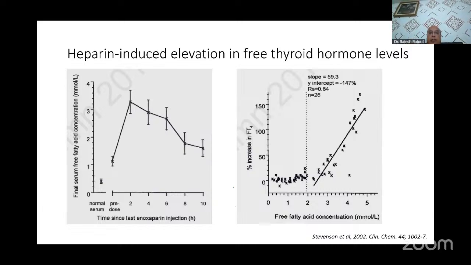Whether you are using regular heparin or ultra fractionated heparin, remember, heparin causes activation of lipoprotein lipase. By doing so, it causes release of free fatty acid from adipose tissue. Now, when there is a rise in free fatty acid, it will compete with the thyroid hormone for binding to thyroid hormone globulin, resulting in increased level of free thyroid hormone.